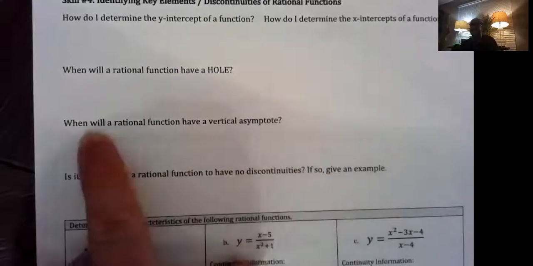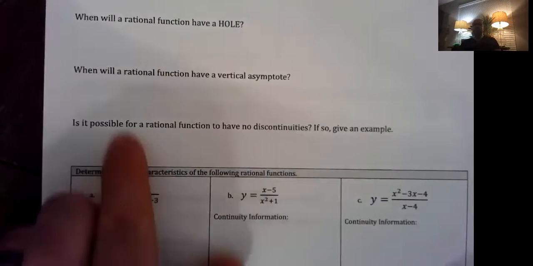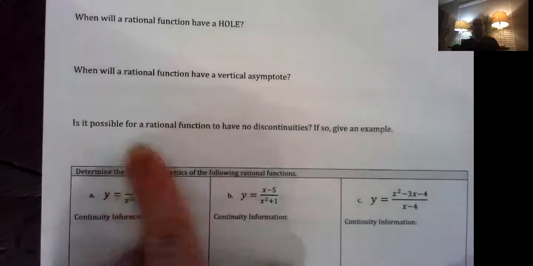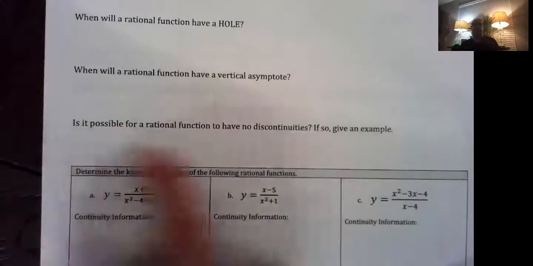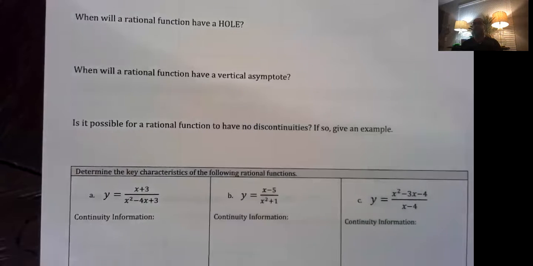When it doesn't cancel on top and bottom. And then when will it have no discontinuities? That's when you cannot have a number make 0 on the bottom. More than likely, it's usually for us if we square it and then try to add a number, right? So if we square a number, it's always positive. And then if we add to it, there's no way it could be 0.